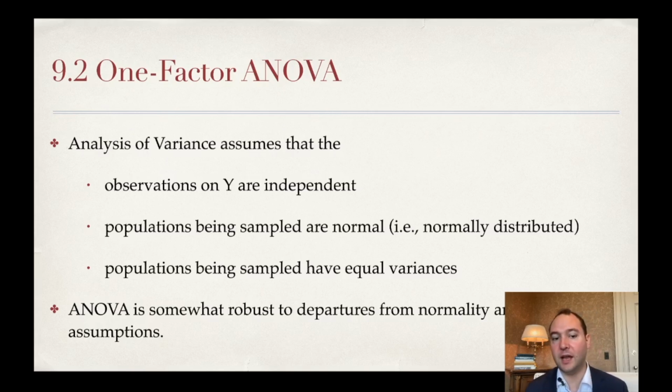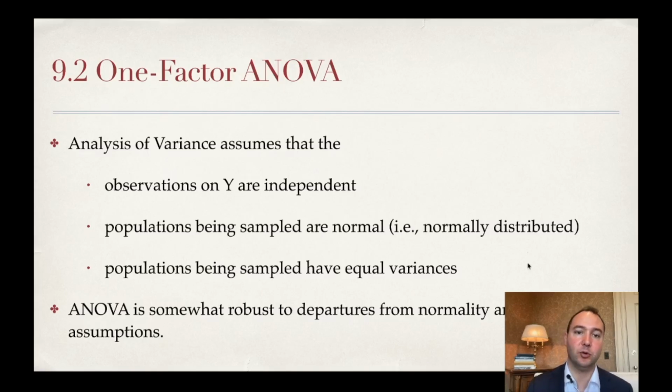This may or may not be true. However, ANOVA is somewhat robust to departures from normality and equal variance assumptions. In other words, ANOVA is still useful even if our data doesn't look exactly normal or doesn't look like it has exactly equal variances.